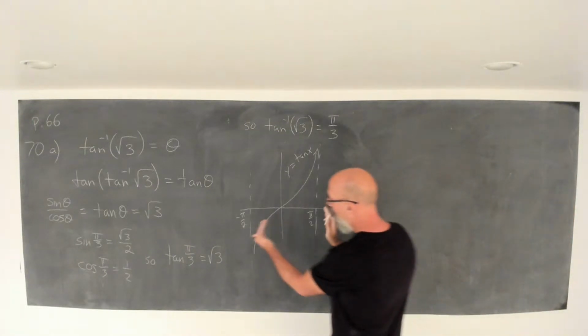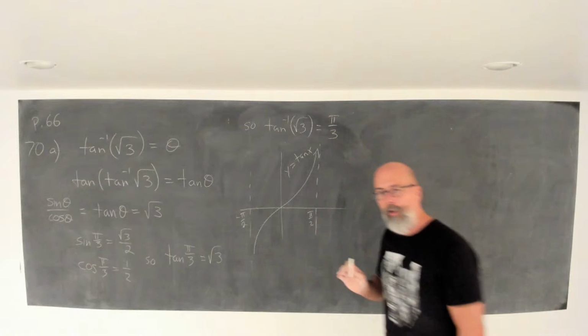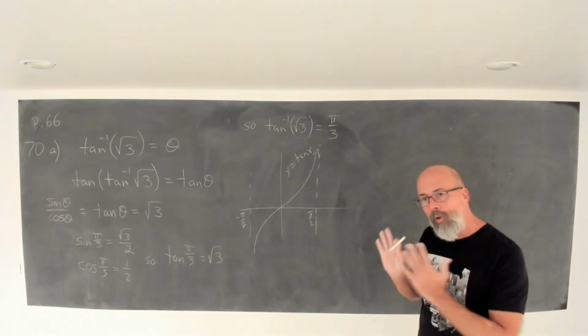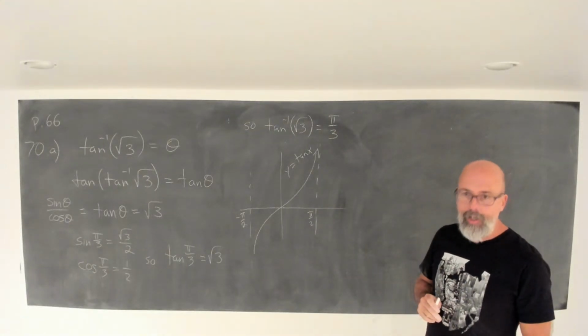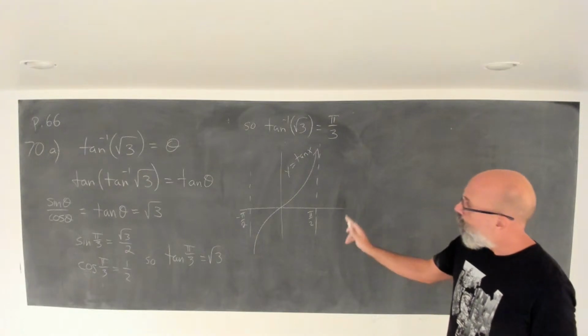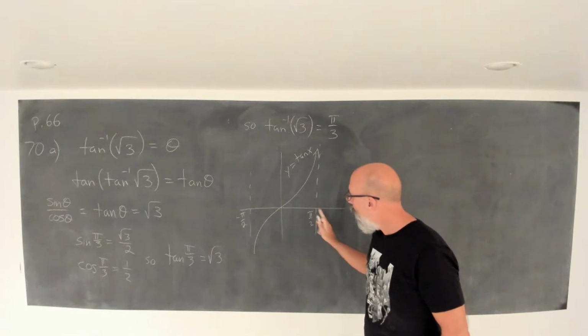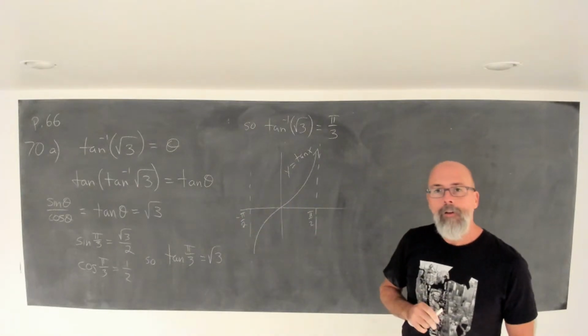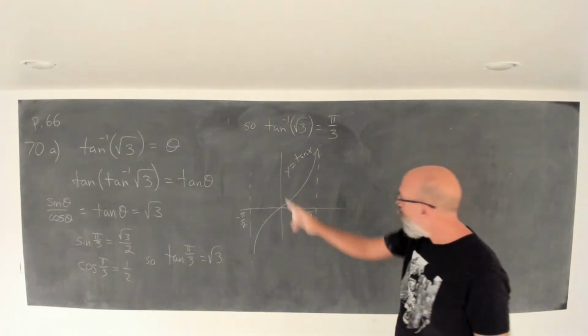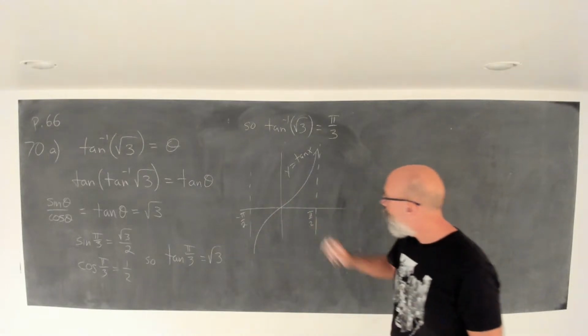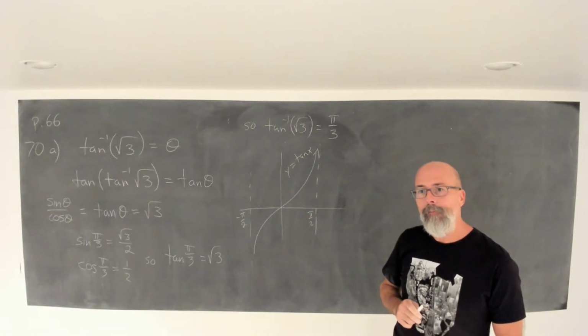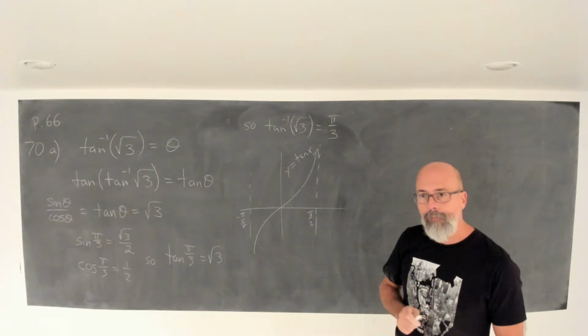And we have decided collectively to restrict our attention to negative pi over 2 to pi over 2. So the range of the inverse function is only between negative pi over 2 and pi over 2. Nowhere else.